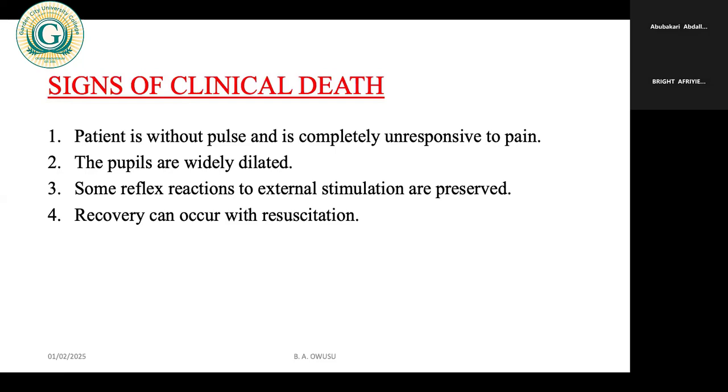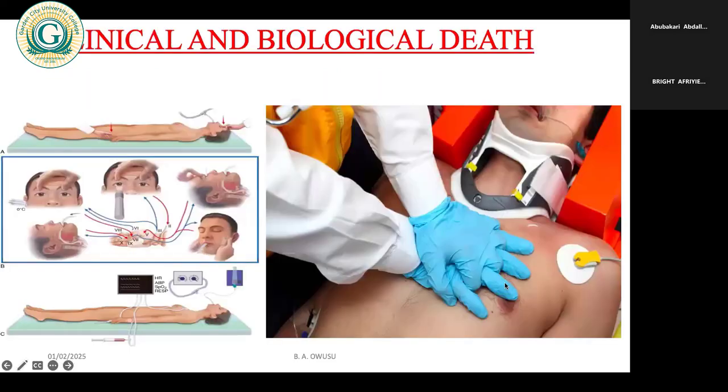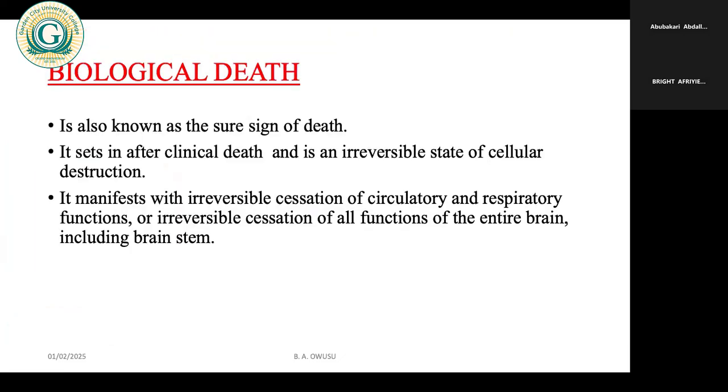Some reflex reactions to external stimulation are preserved, and recovery can occur with resuscitation, just like we're talking about the CPR. So we have the biological death. It is known as the sure sign of death.